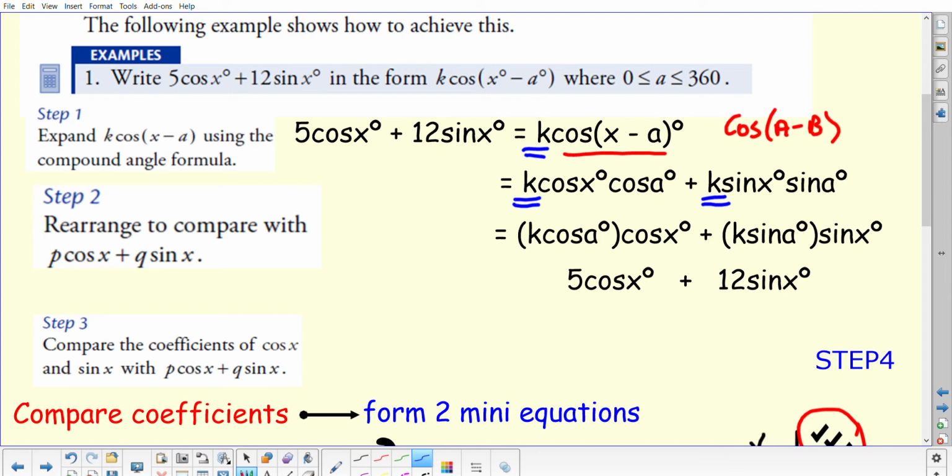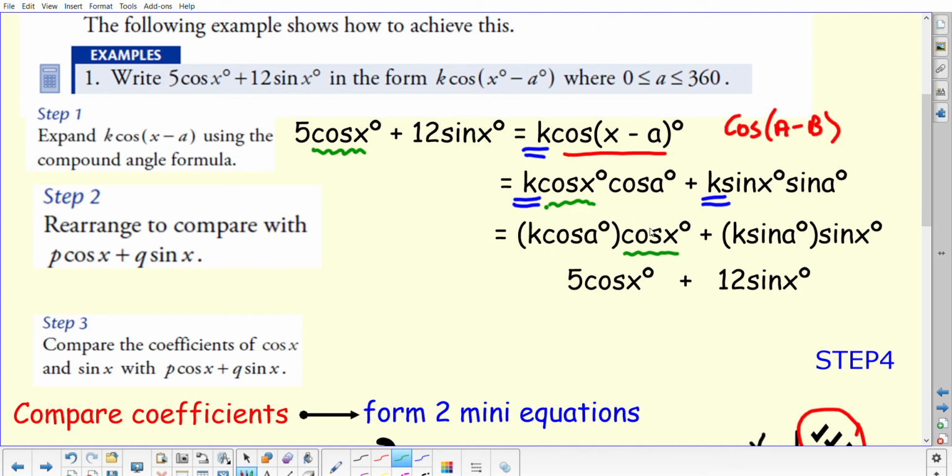What you then need to do is, because we're going to be equating the left-hand side and the right-hand side, you will notice that on this one we've got a cos x term here. So here's my cos x in here. What's round about my cos x is a k cos a. So I've put them to the front together.